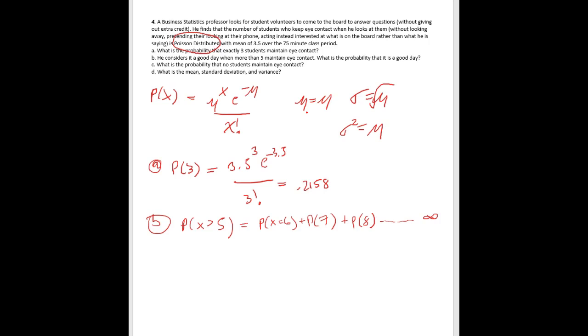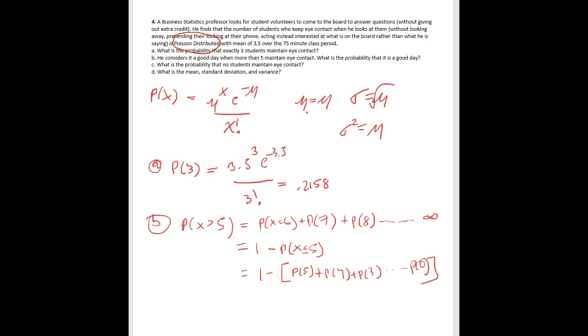Or we could say this is just 1 minus the probability that x is less than or equal to 5. And so then it's just 1 minus the probability of 5 plus the probability of 4 plus the probability of 3, so on and so forth, all the way down to 0.